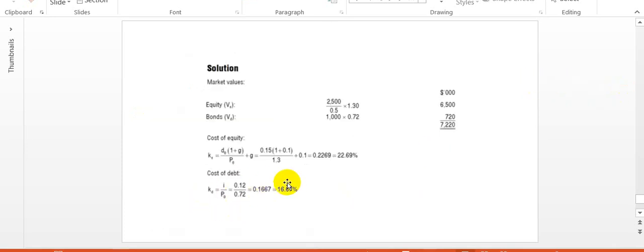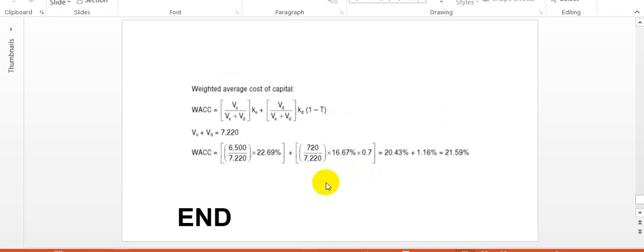Substituting, we get our KD as 16.67%. We now have all the variables we need to substitute in the WACC formula. So substituting in the WACC formula, we now get our weighted average cost of capital, or the WACC, of 21.56.